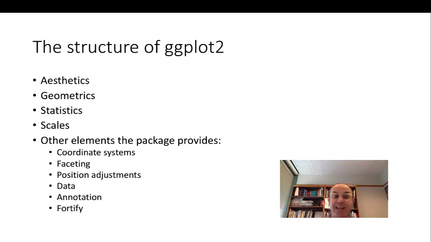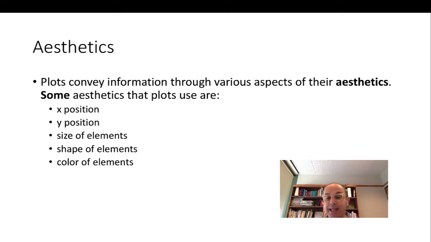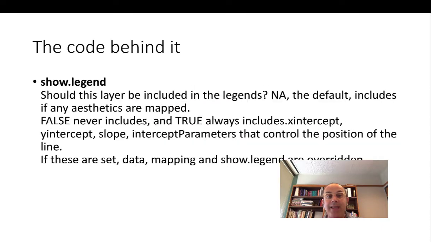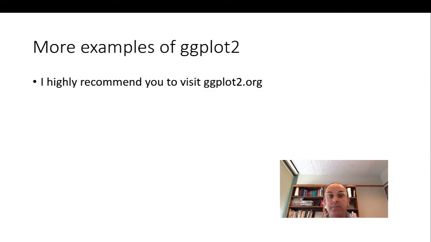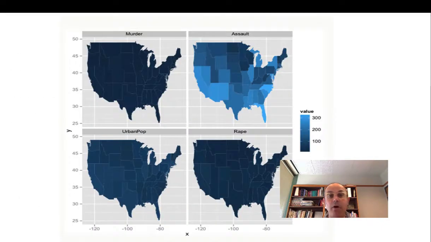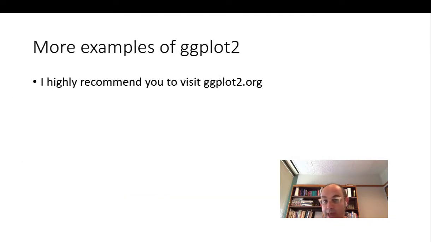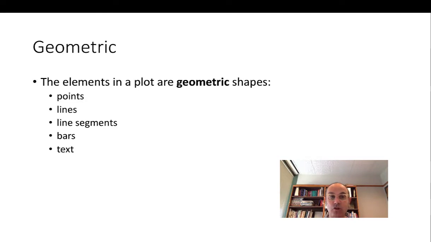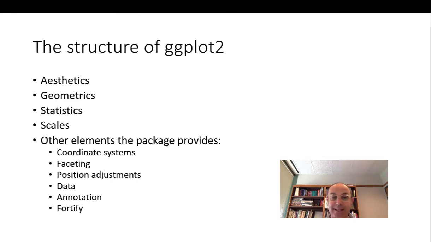Coordinate system, faceting, positioning, data, annotation, and all those together allow us to produce something that is really special. Okay, so I'm going back to my notes about the structure and about what it entails.